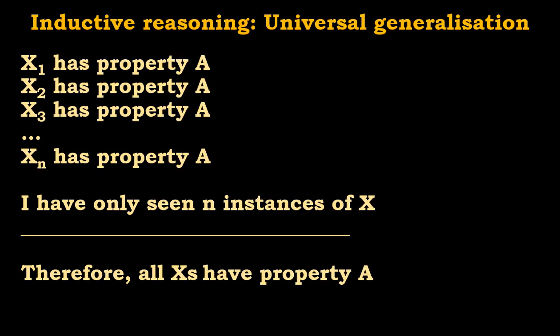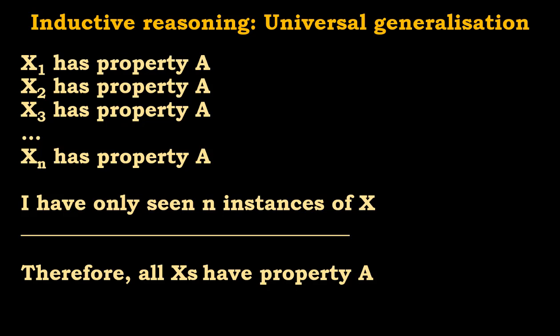Okay, let's move to universal generalization. The premises are the same as in the previous case. x1 has property A, x2 has property A, and so forth. And I have only seen n instances of x. Now the conclusion is different.